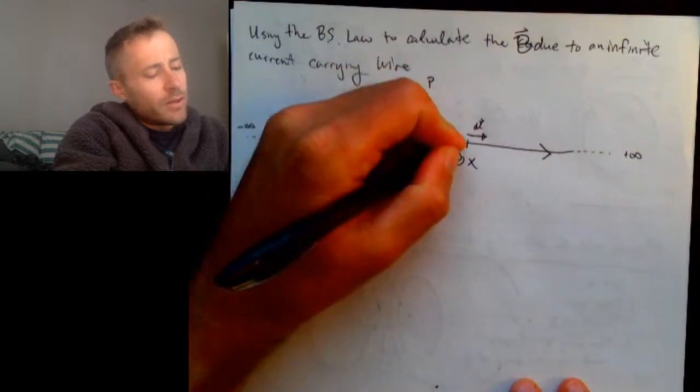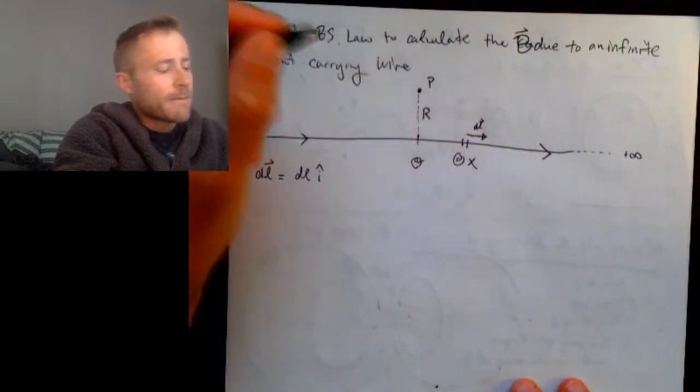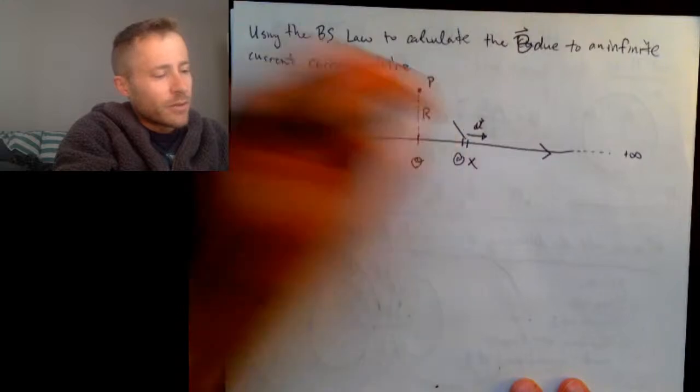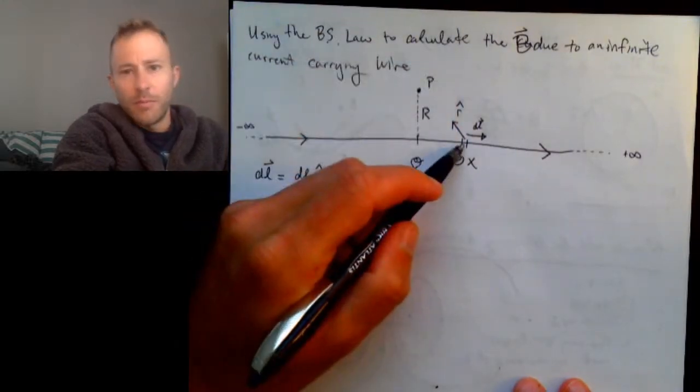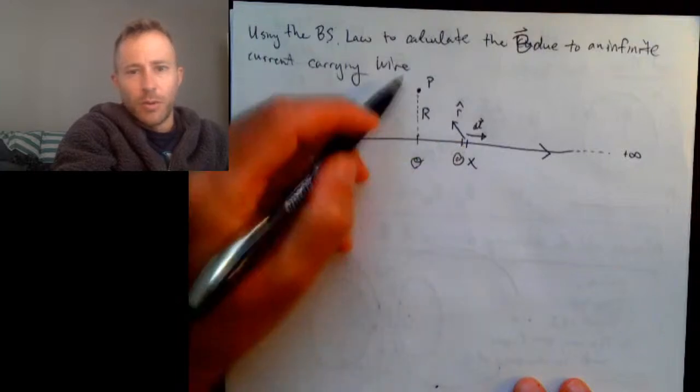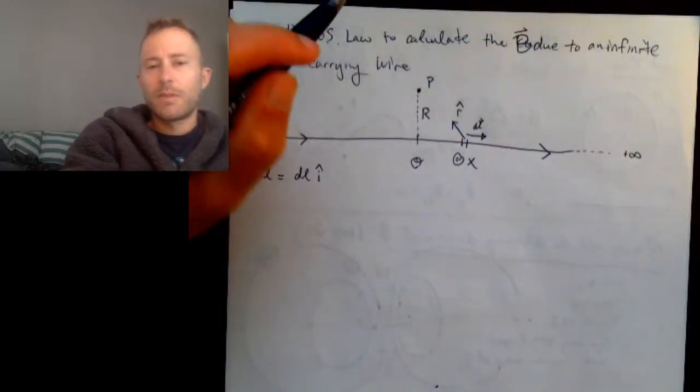If we look at the r hat vector, it's going to point in this direction because it points from the current to the point where we're calculating the magnetic field.